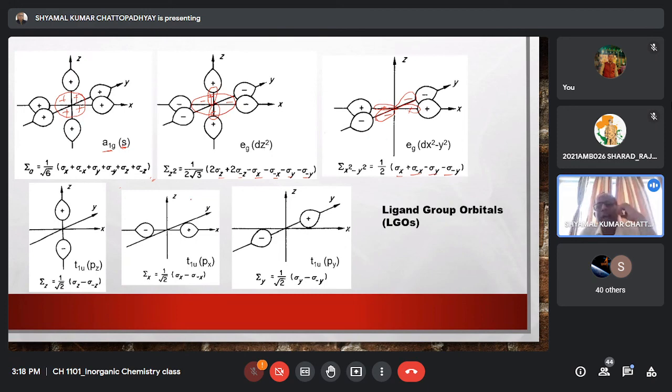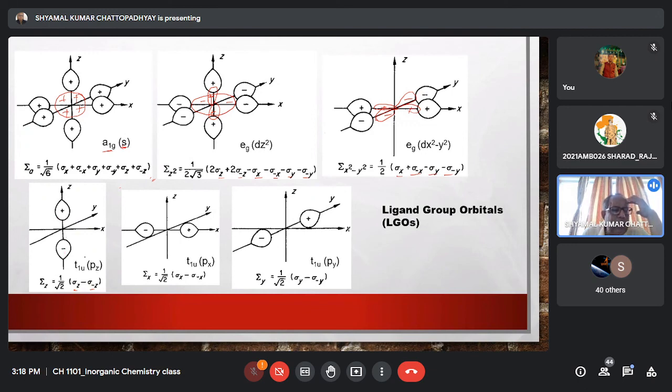And finally we have this orbital which has s orbital symmetry, this orbital which has dz square like symmetry, this combination which has dx square minus y square like symmetry, and finally we have the other three contributions. Here only plus z and minus z are involved, and they are of opposite sign, and x and y are not contributing.